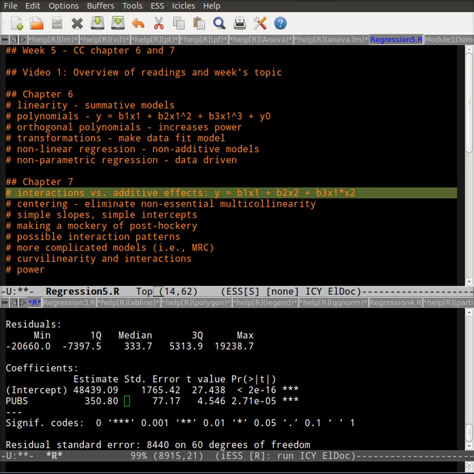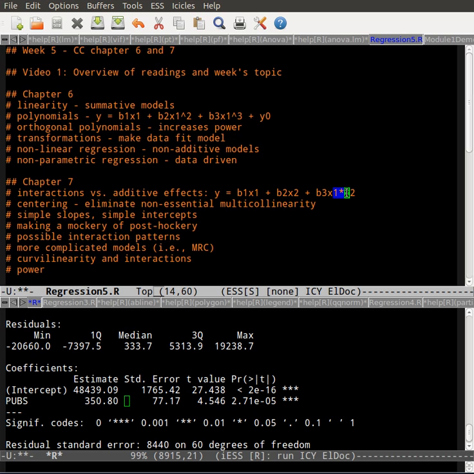Because what this is saying is these pluses are ORs, logical ORs, but this multiplicative sign here is a logical AND. And so therefore, when we're testing interactions in the general linear model, we're testing OR statements.